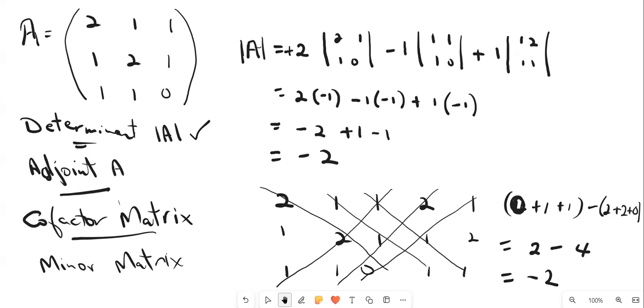So next you have to get our adjoint matrix, but this is not easy. A long process, right? We have a long process to get the adjoint matrix. So what we need to get, first of all, is what we call the cofactor matrix, right?